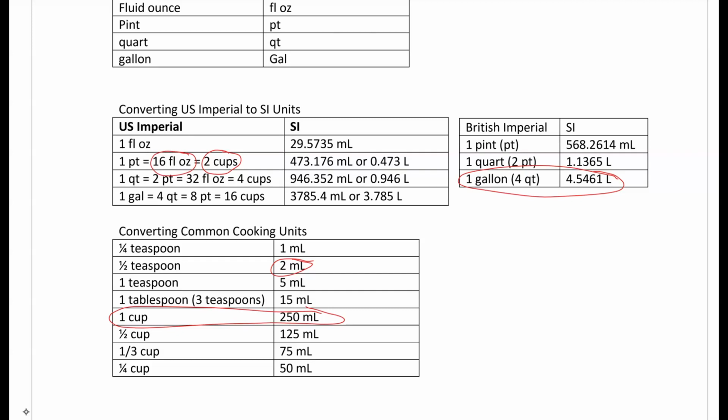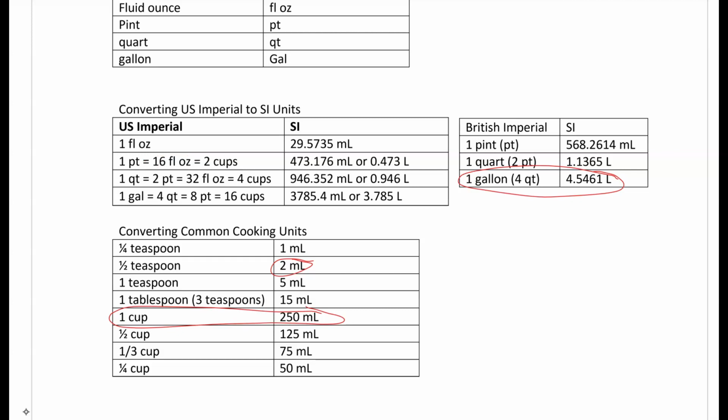So looking at this table here, just for further clarification, 1 pint is equal to 16 fluid ounces. 16 fluid ounces is equal to 2 cups, which also means then that 1 pint is equal to 2 cups. So all of these are equal to each other.